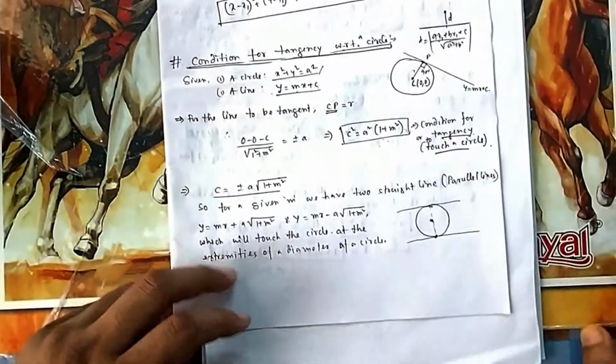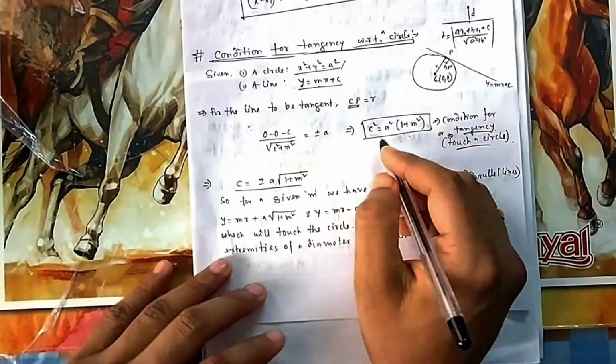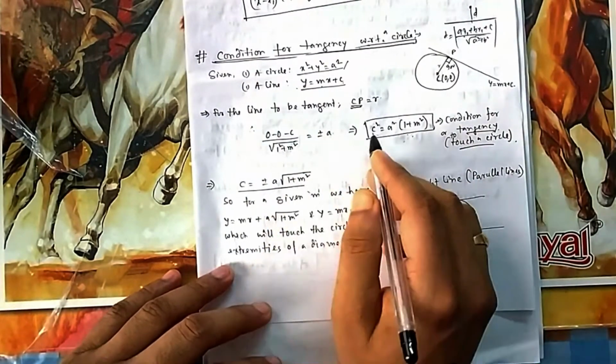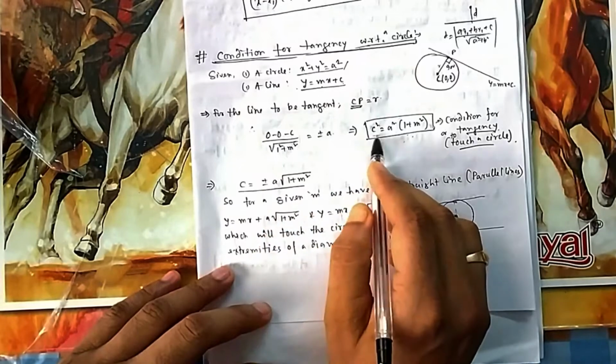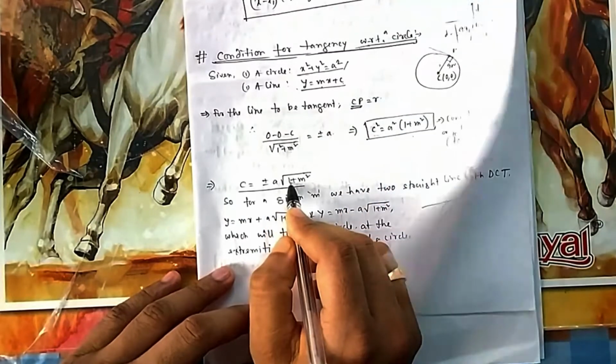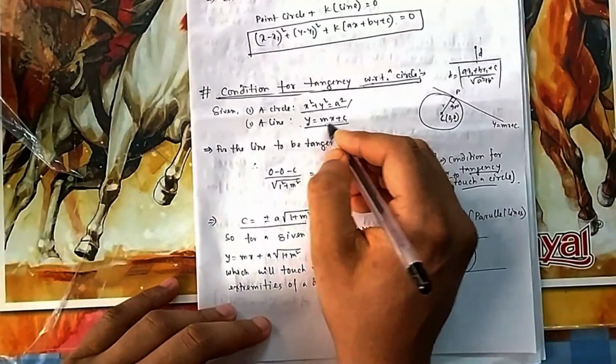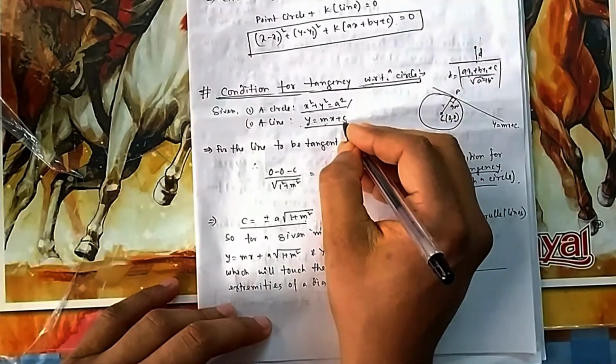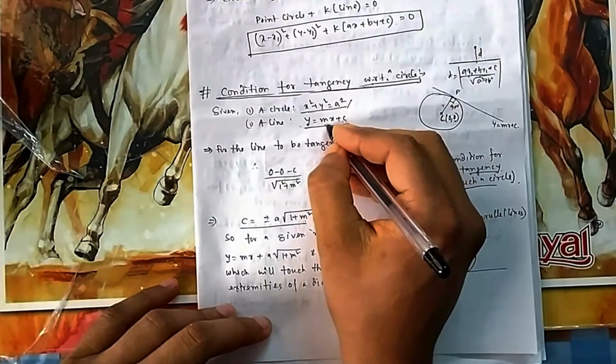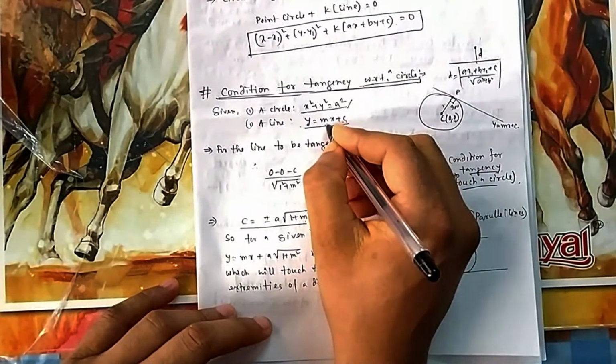Now some conclusions we can draw from here. See the value of c: it can be plus or minus, because c square is this much. That means if a slope m is given to you, then you can have two straight lines with two intercepts. Because the slope is given, both lines will be parallel.